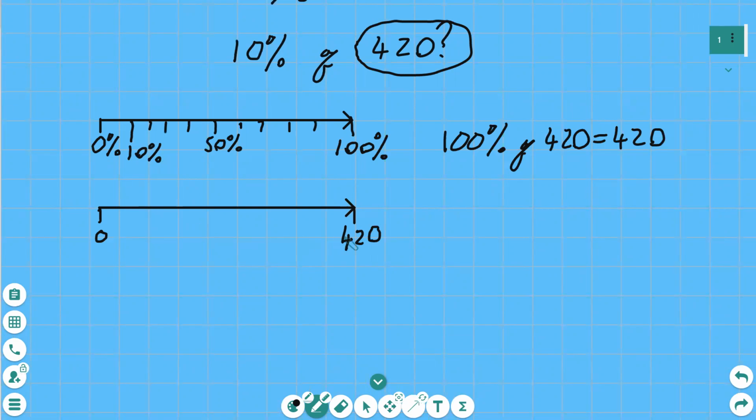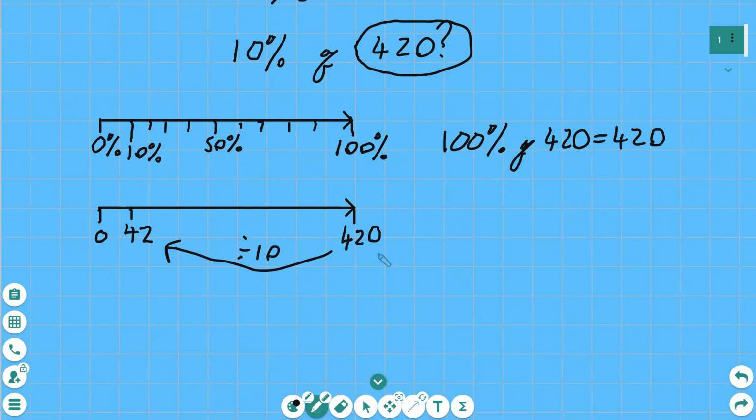So for the number itself, 420, 10% is actually going to be there, which is going to be 42. Because 100% divided by 10 is 10%. 10% is a tenth of 100. 10 times 10 is 100. A tenth of 420 is 420 divided by 10.